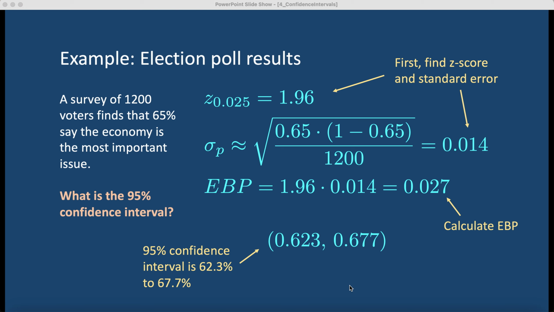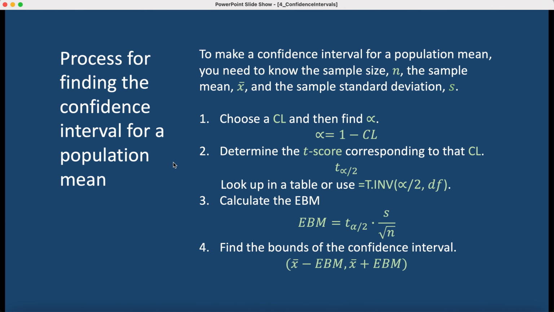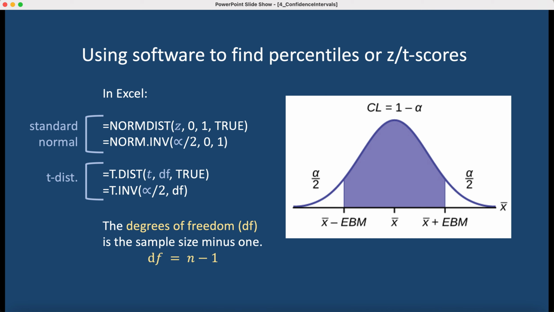So the key really is, what is the error bound for the proportion? We want the appropriate z-score, and in this case it's 1.96 because we want a 95% confidence interval. So if I go back a couple slides, I want to show how to use these formulas in Excel.